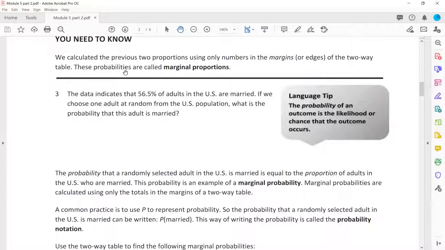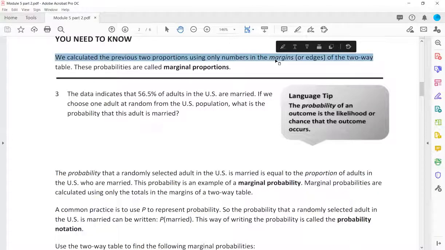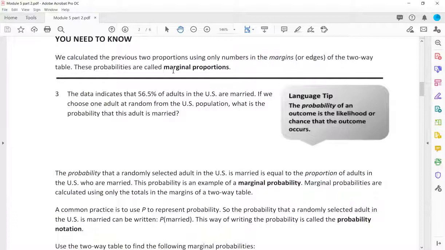Again, we calculated the previous two proportions using only numbers in the margins or edges of the two-way table. These probabilities are called marginal probabilities. Marginal probabilities are calculated using only the totals in the margins of a two-way table.